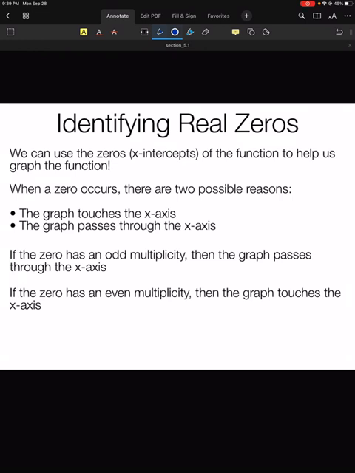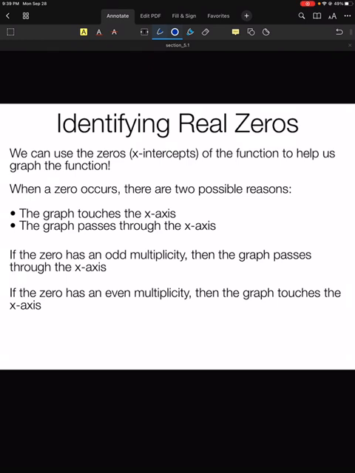To graph the function, we need to use the x-intercepts, which are the points at which y is equal to 0, and that's going to help us graph the function.